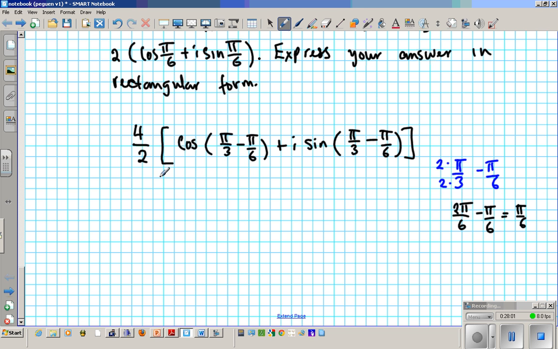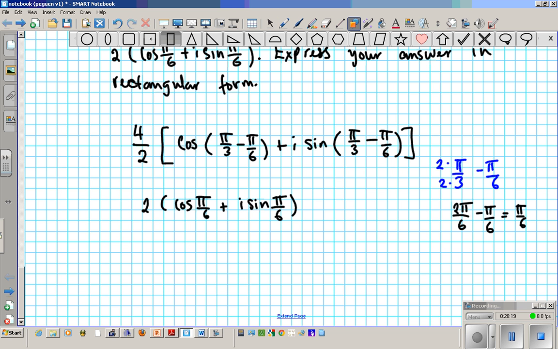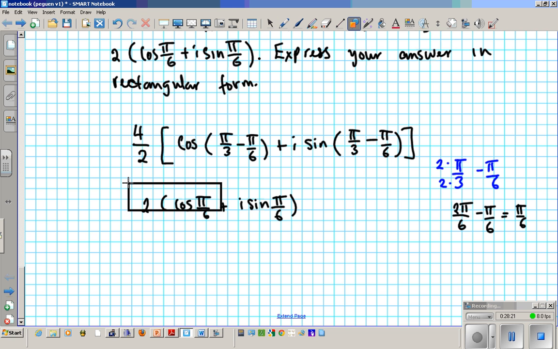Alright, so that's what's going to go in the angles. So I'm going to have 2 times cosine pi over 6 plus I sine pi over 6. This is your answer in polar form.